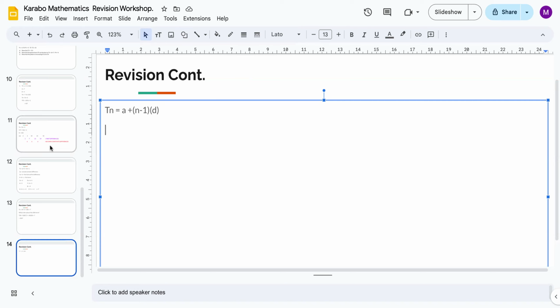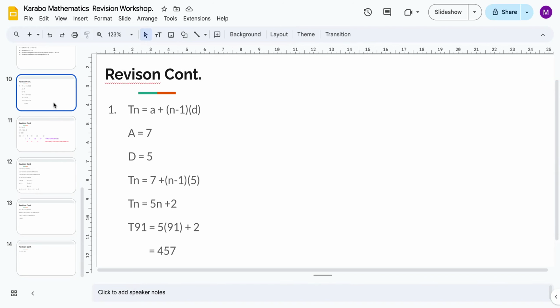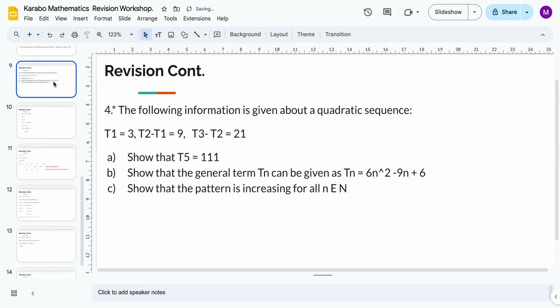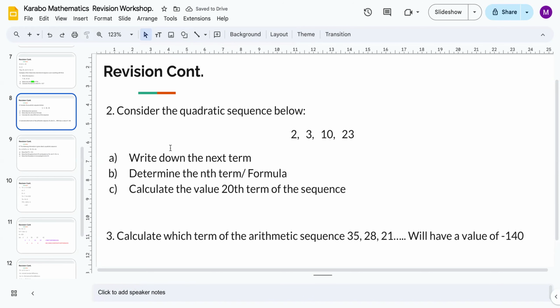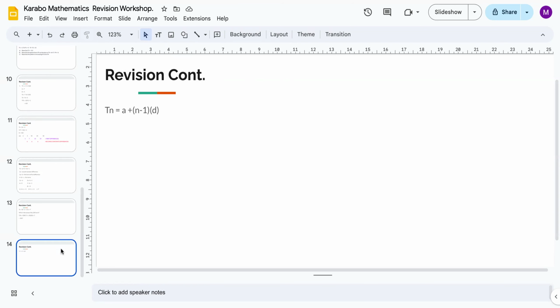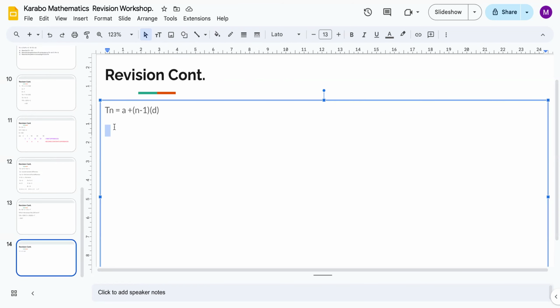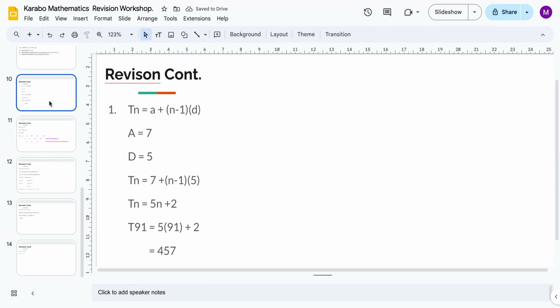Now, what is the value of our A term? A was given as 35. So A is equal to 35.